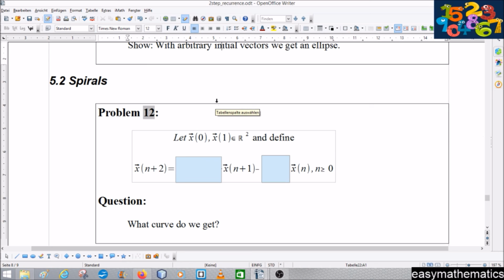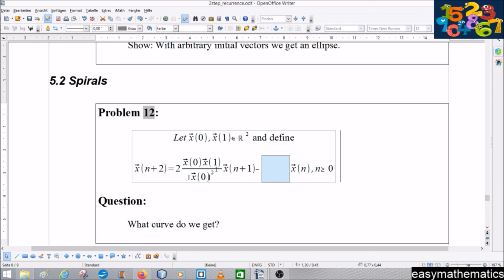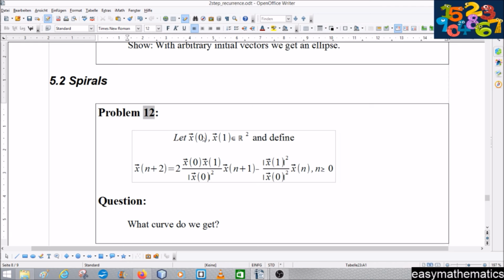Alright, and the next problem is, again, we take two initial values, x0, x1, and we define the sequence the following way: again, the scalar product in the numerator, and in the denominator we have x0 squared, and the second recursion weight is x1 squared over x0 squared with a minus.